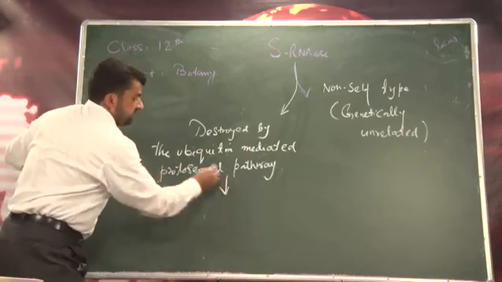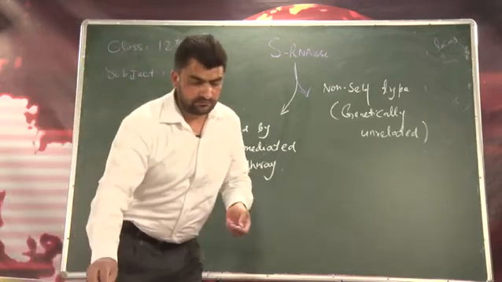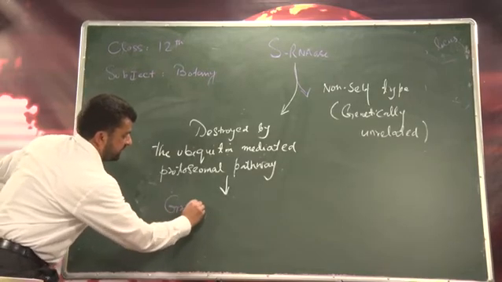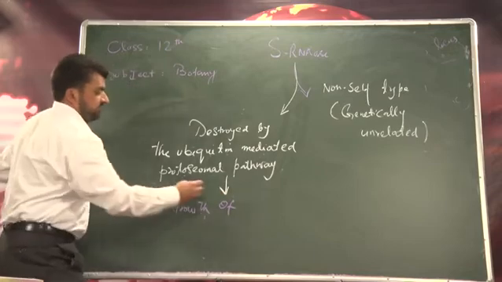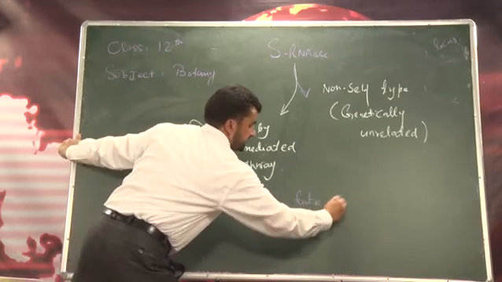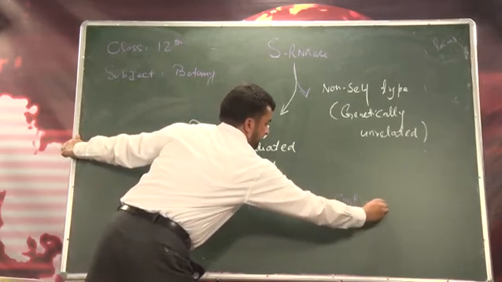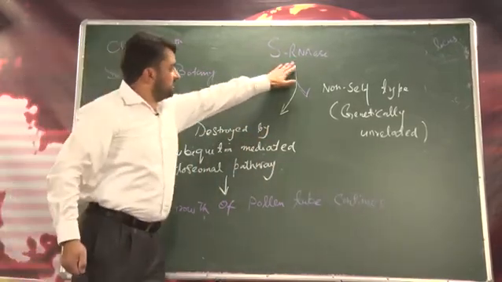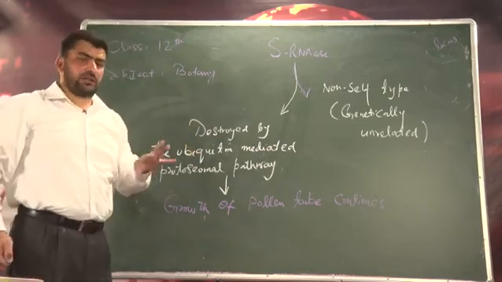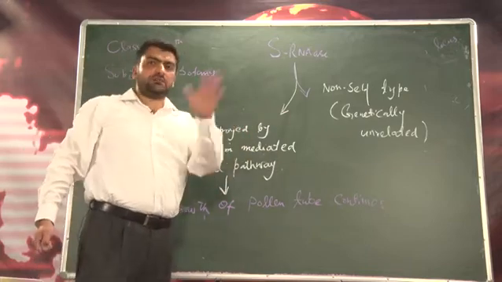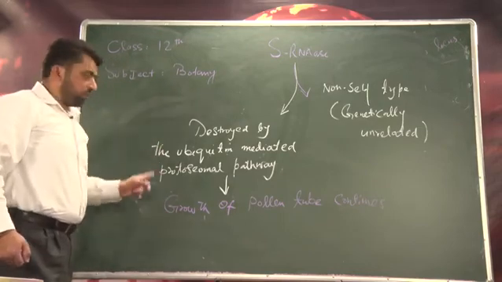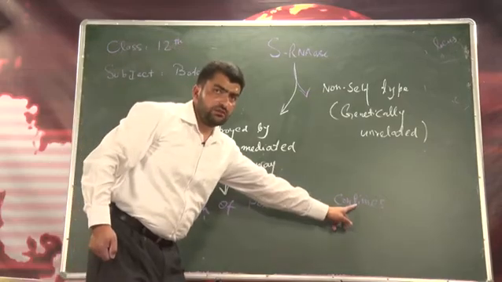Then there is no effect, and the growth of the pollen tube continues. When this sRNAs gets destroyed by this mediated pathway, there is no effect on the ribosomes, the RNA content, mRNA or otherwise rRNA, so as a result the growth of the pollen tube continues.